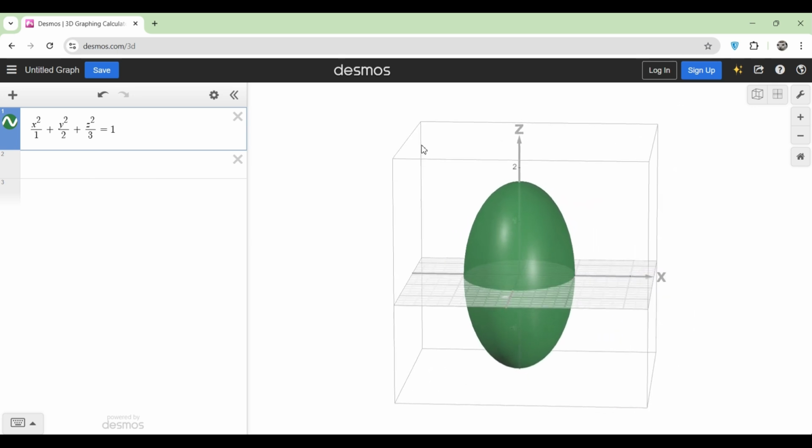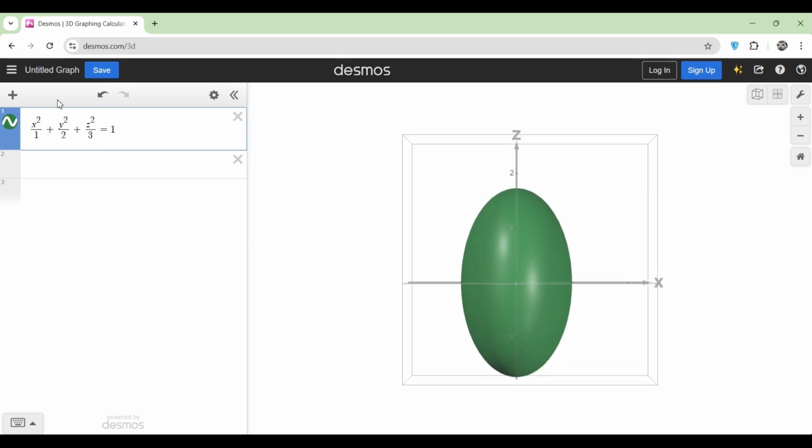So, how do we analyze these traces with the equation? Let's look at x squared plus y squared plus z squared. So, this is the XZ trace. What that means is there is no y here, so y is going to be 0. We can just ignore y here. So, we have x squared plus z squared is equal to 1. The bottom number doesn't really matter. It just changes what the axis is going to be.